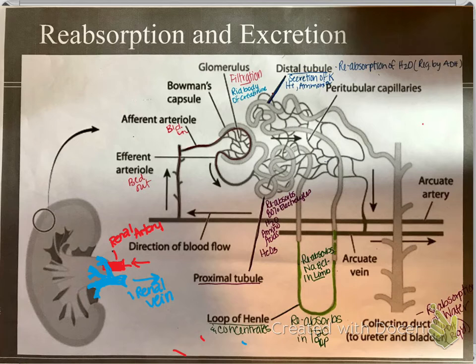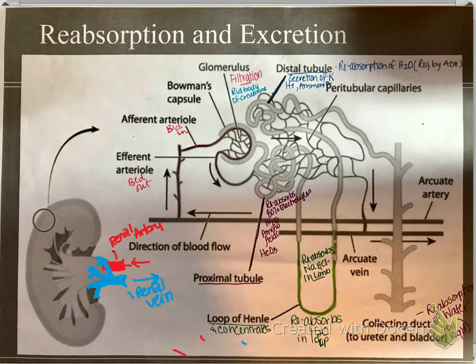Okay, but let's talk about this whole busy process. You've got blood coming in through the renal artery, through your afferent arteriole, and then around to your filtration process there in your glomerulus.